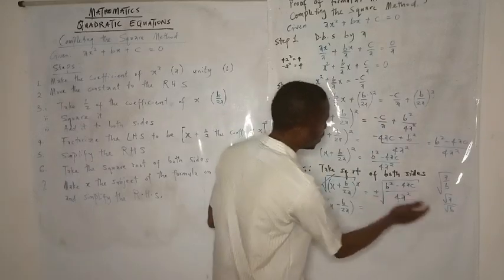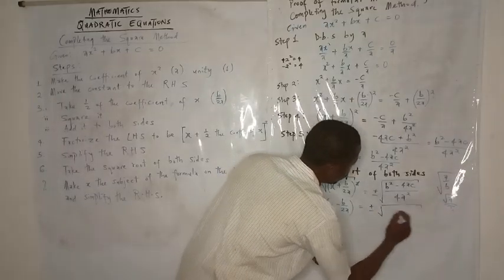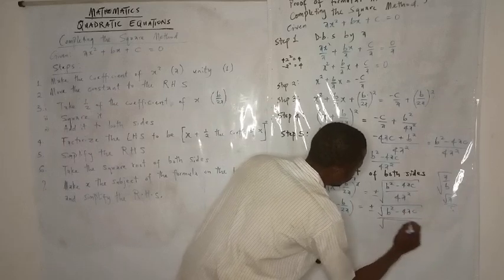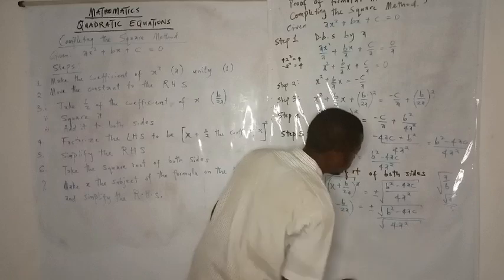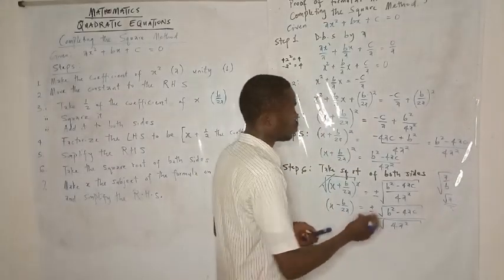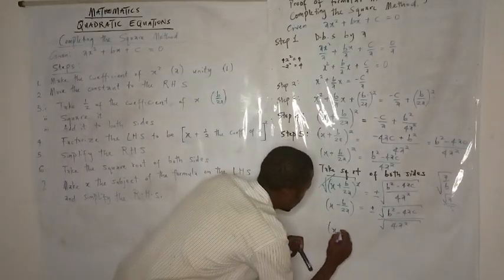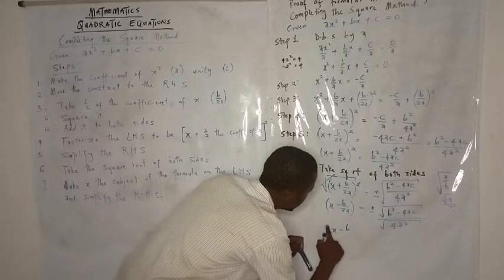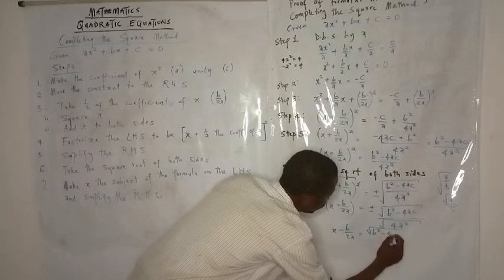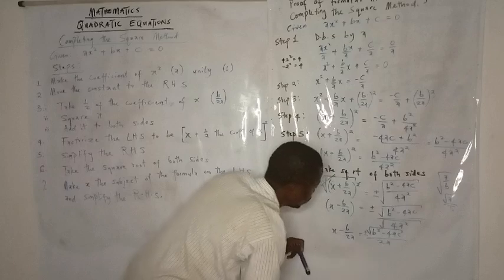So we can express the right hand side as plus or minus square root of b squared minus 4ac all over square root of 4a squared. And square root of 4a squared will give us 2a, because square root of 4 is 2 and square root of a squared is a. So x plus b over 2a is equal to plus or minus square root of b squared minus 4ac all over 2a.